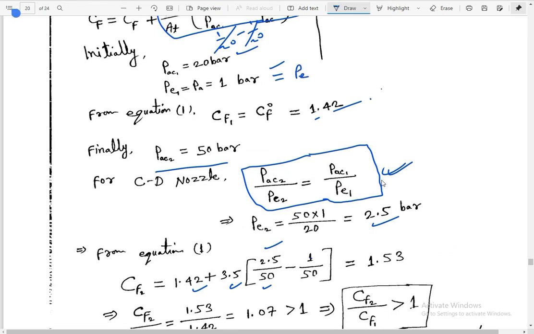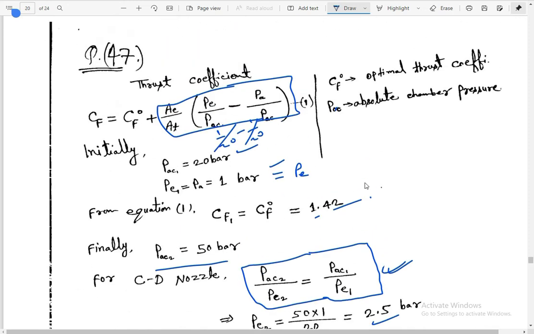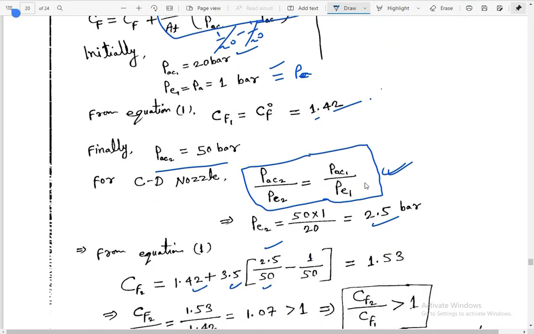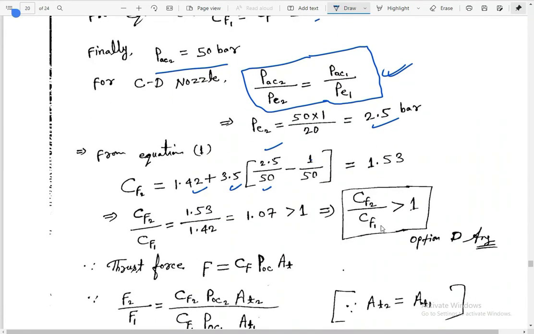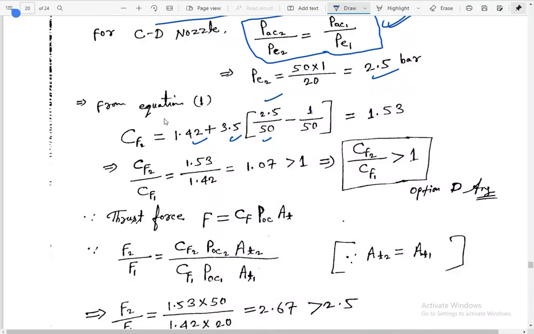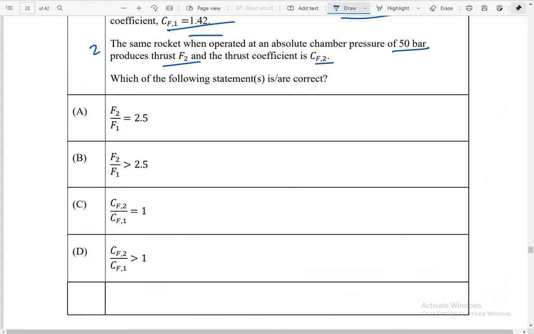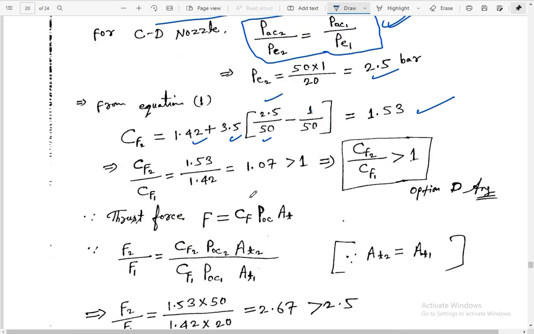Sorry, this is PA, the ambient pressure. Just put the formula and we will have CF2. Now we know CF2 and CF1 values, just divide like this because the options are given. CF2 by CF1, then we will get 1.07. It is greater than 1, that is CF2 by CF1 is greater than 1.